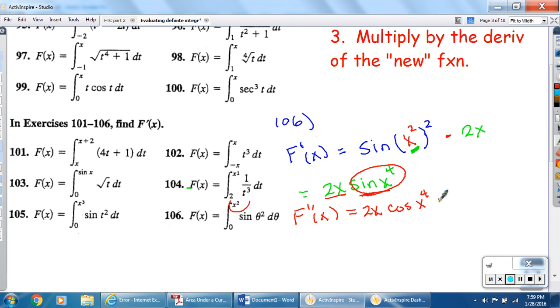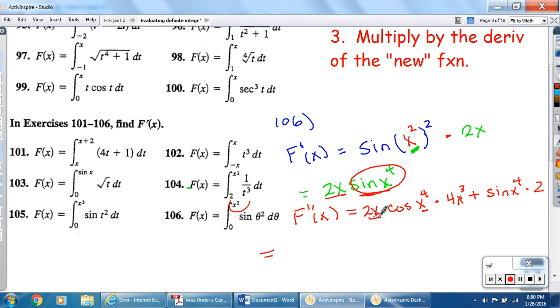Leave the angle alone. Multiplied by the derivative of the inside, or the derivative of the angle, which is 4x cubed. Alright, so that was the first times the derivative of the second plus the second, sine x to the 4th, times the derivative of the first.